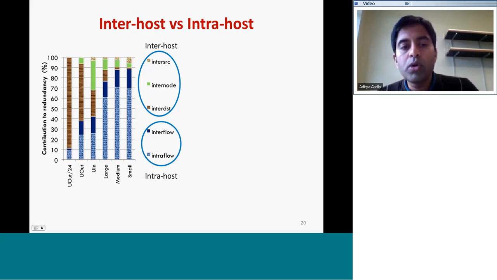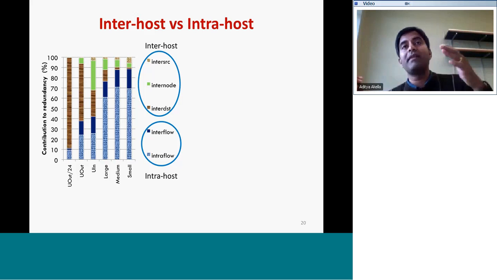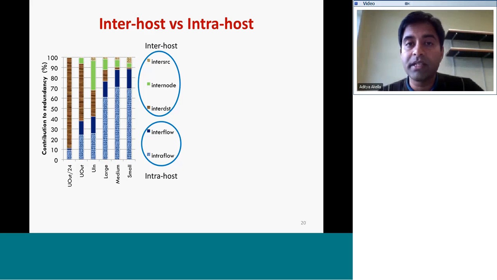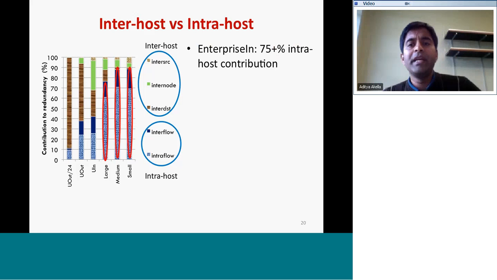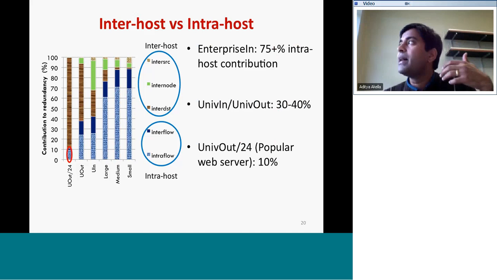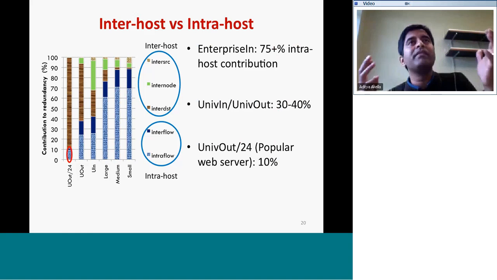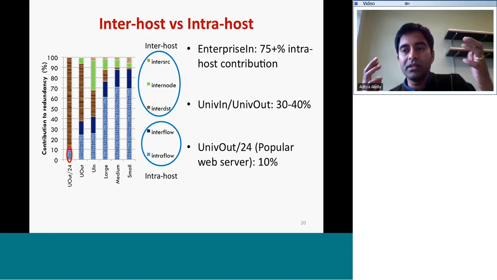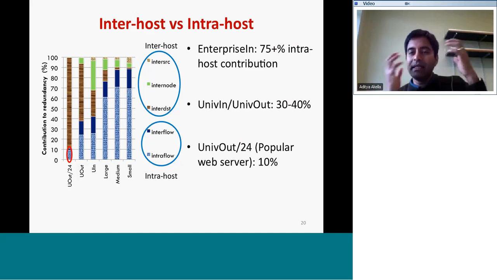There is a lot more commonality in the traffic within a flow or across flows involving the same pairs of hosts, as opposed to traffic shared across hosts or flows spanning multiple hosts or multiple sources or destinations. In particular, the contribution is more than 75% for the enterprise links. For the university links, as you may imagine, there is a lot more diversity in the kinds of traffic university users are involved in, and we therefore see much less concentration of this fashion.